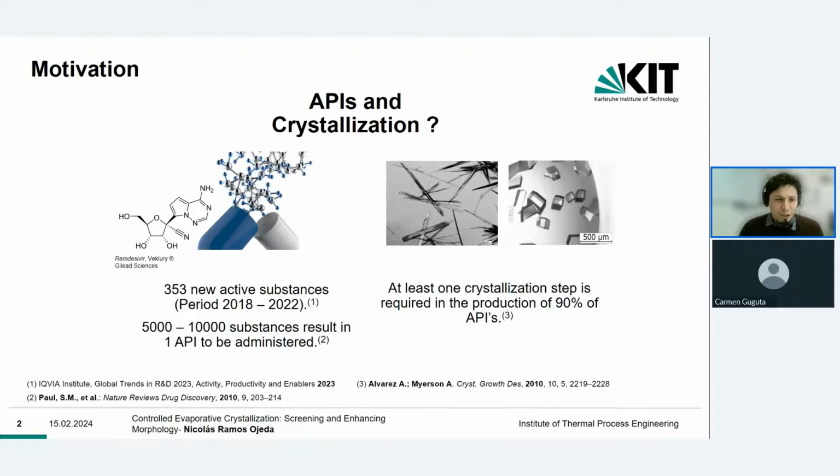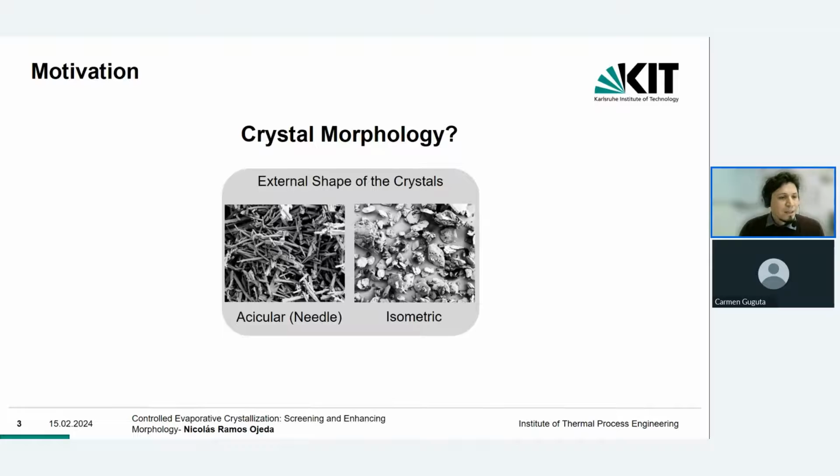There are a lot of topics that are currently researched, but during my PhD studies I focused on crystal morphology. Roughly speaking, crystal morphology refers to the external shape of a crystal. As we can see here, acicular or needle-like crystals and isometric crystals. It's the same molecule, the same polymorph, they just differ in how they look externally.